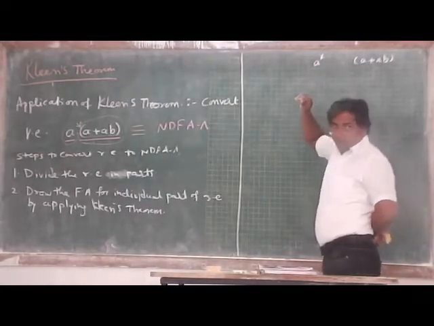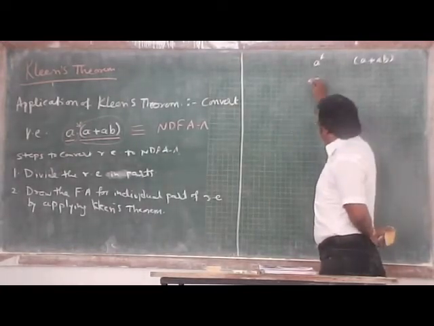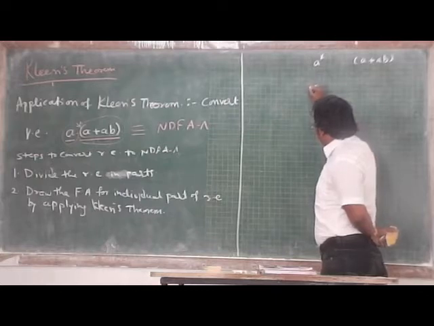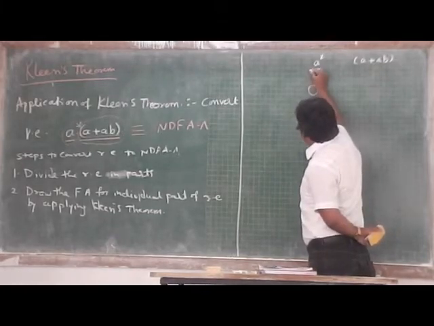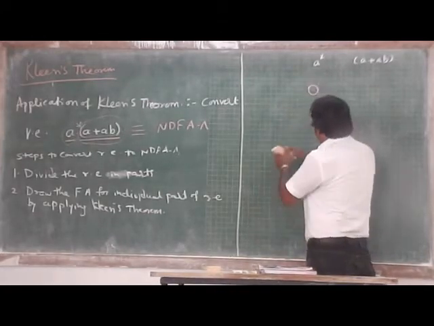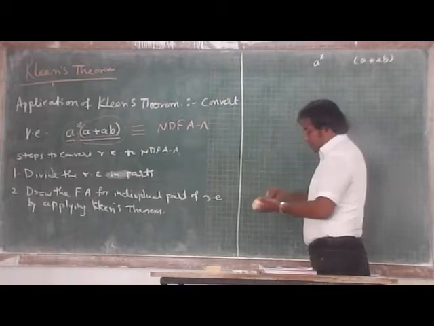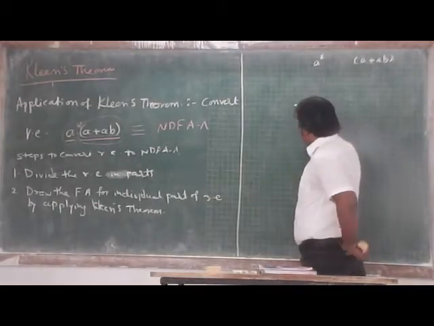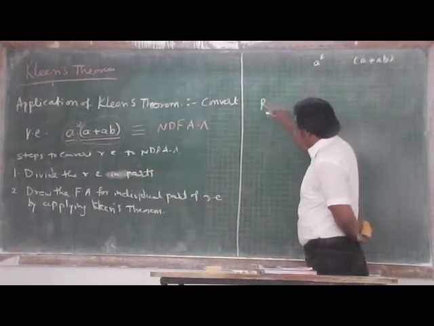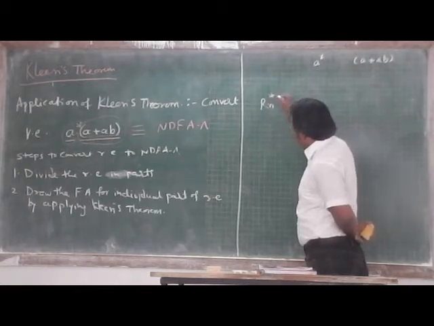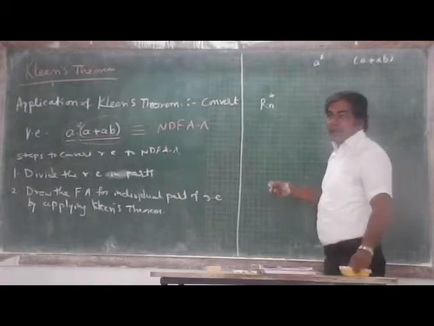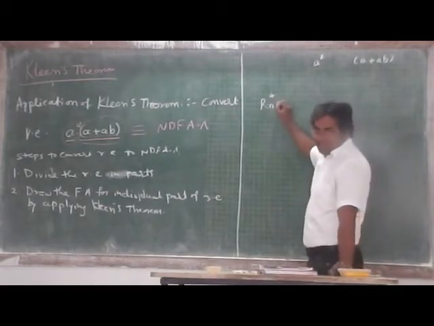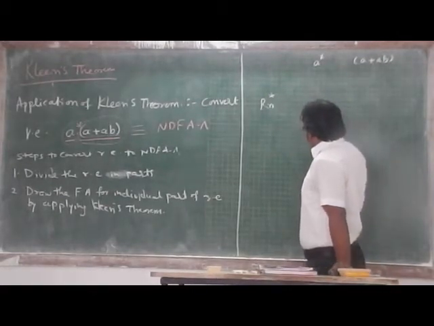For A star, how do I draw a finite automaton for this A star? For closure, I had a construction like this. R star, in the proof, I had an automaton for Rn star. How was that? This way.